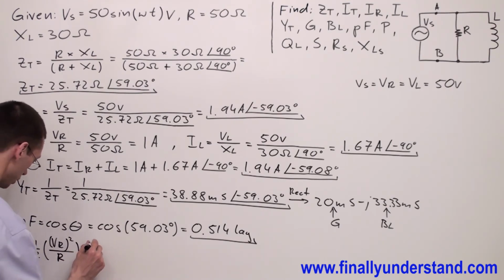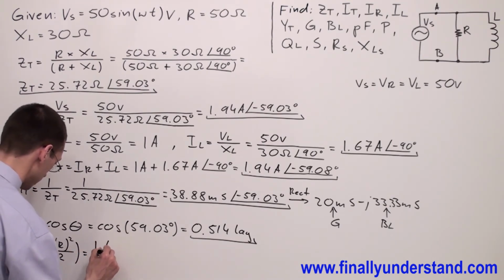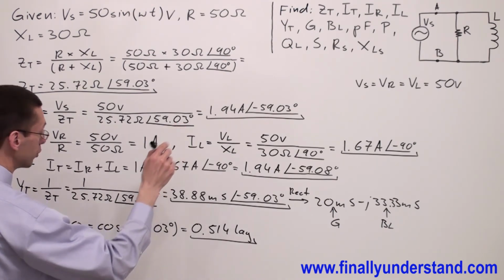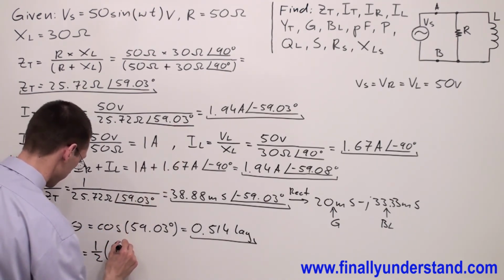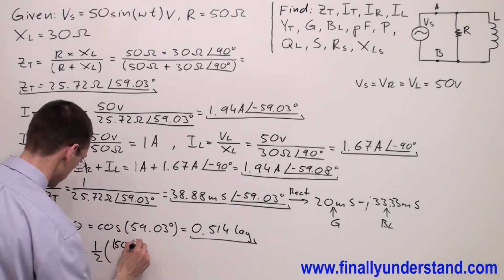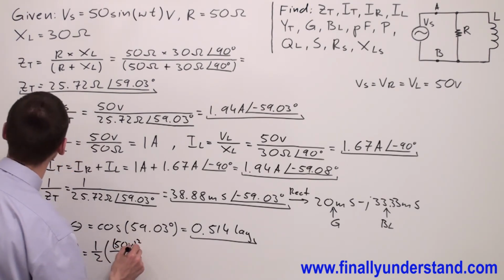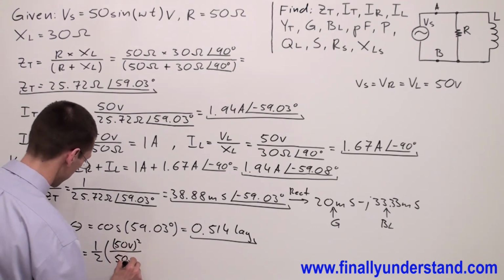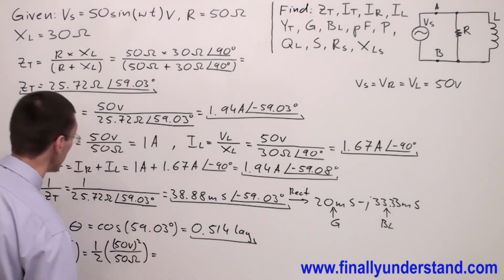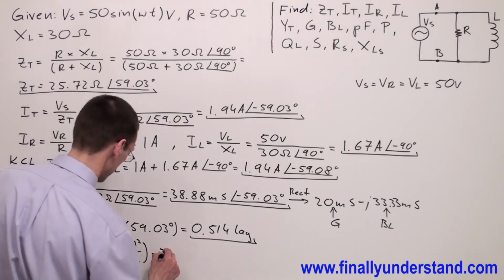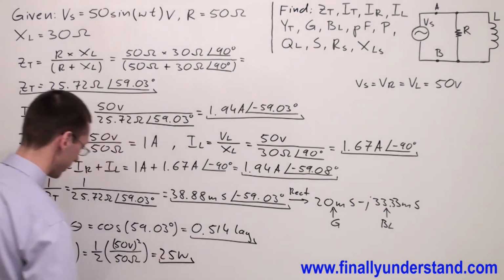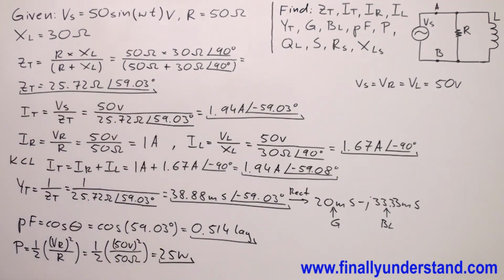VR, we said, is equal to 50 volts, raised to the second power over the resistance, which is equal to 50 ohms. This is equal to 25 watts. This is the true power in my circuit.